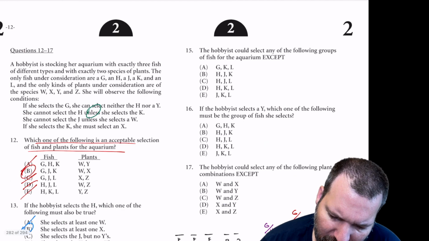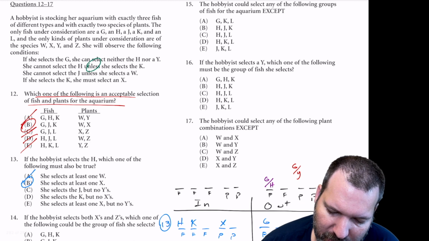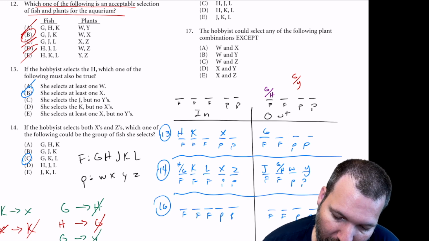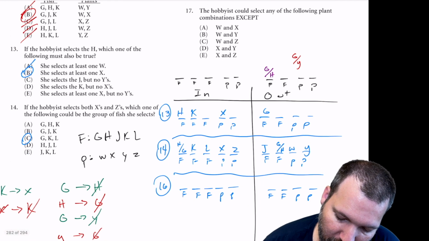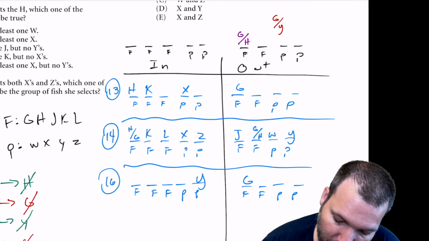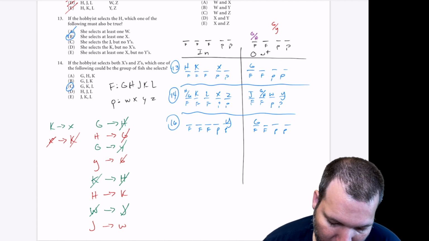Excellent. Let's skip 15, but 16 gives us some information to go on. If the hobbyist selects a Y, which of the following must be the group of fish she selects? Okay. If Y is inside, what else can we say? When Y is in, G is out. So G definitely goes on the outside. But if G is out, I don't know anything else.